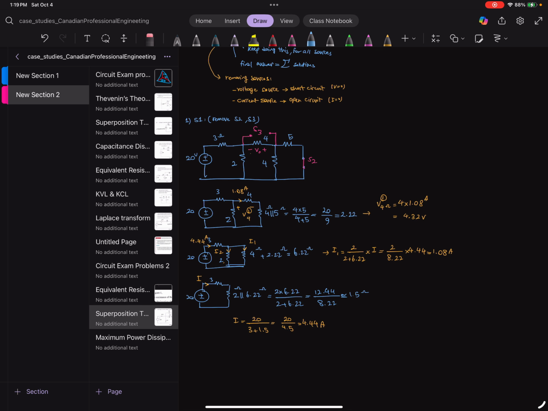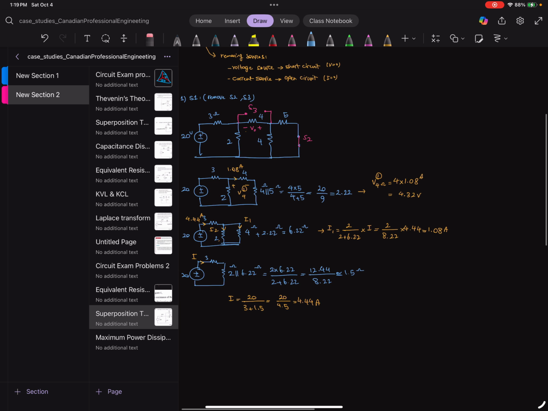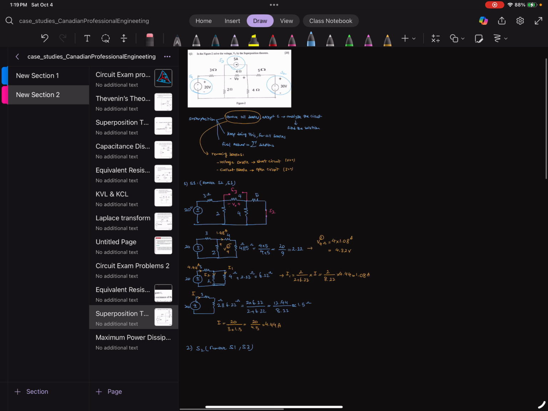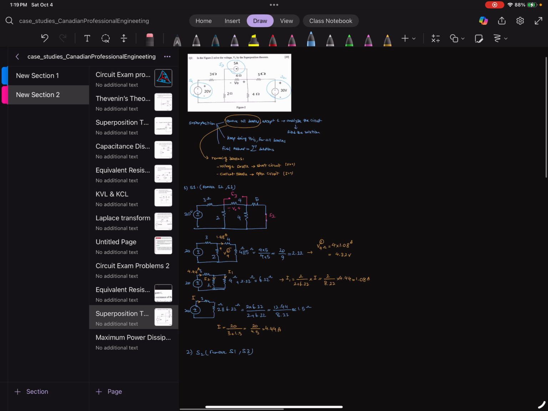So now we continue with S2 the same way. So for S2, we remove S1 and S3. Again, S3 was the current source, so this time to remove S1 we short circuit.